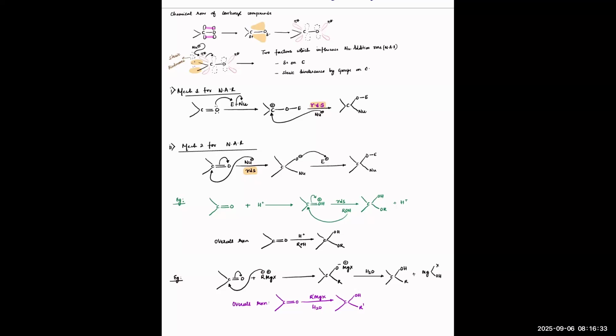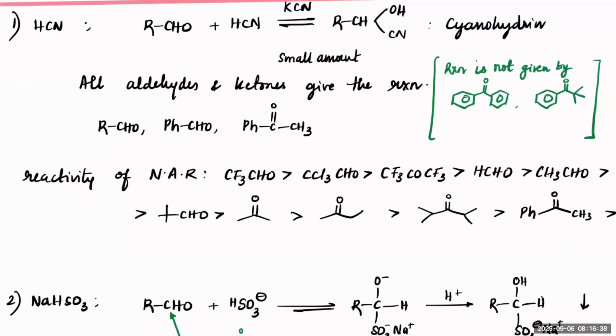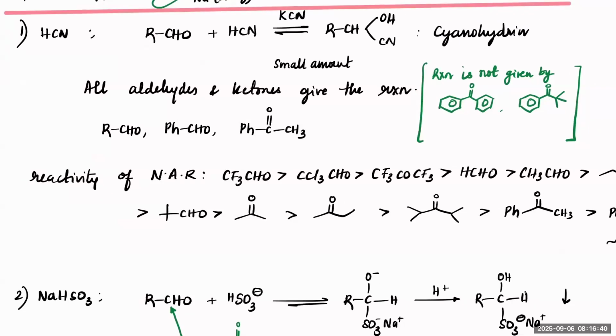Now let's quickly follow through the reactions. So the first reaction includes HCN addition. The HCN addition suggests that there are two ways you can proceed. Either you first react with CN minus and then you react with H plus, or you can add HCN first so that oxygen can take H plus.